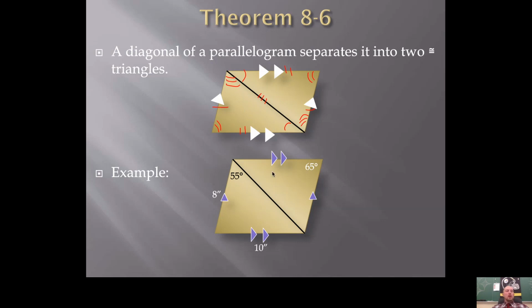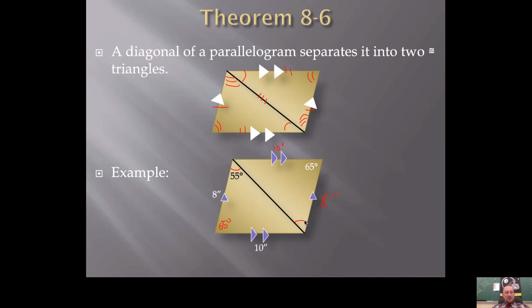So here's an example. This is a parallelogram. If this left side is 8 inches, we know the right side's 8 inches. Very simple. The bottom's 10 inches, so the top's 10 inches. This angle's 65 degrees. This one's 65 degrees. This angle's 55 degrees.